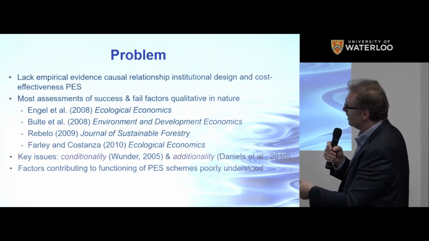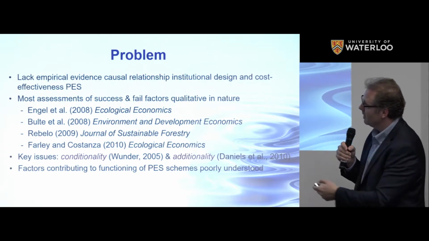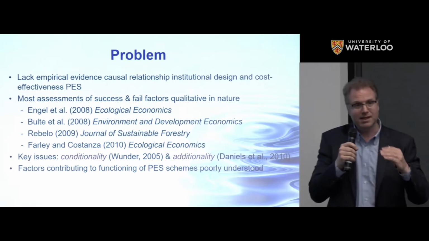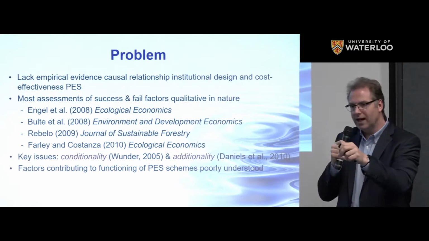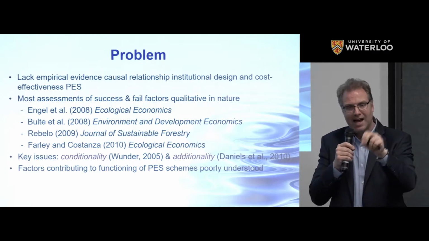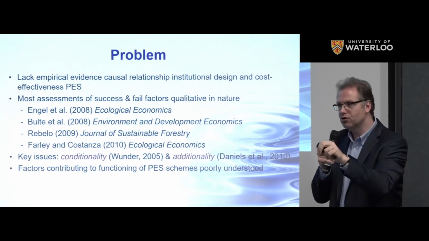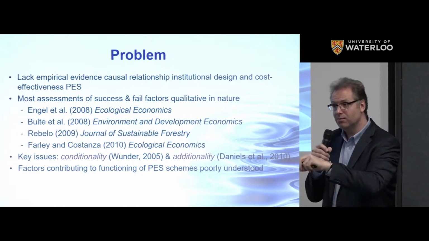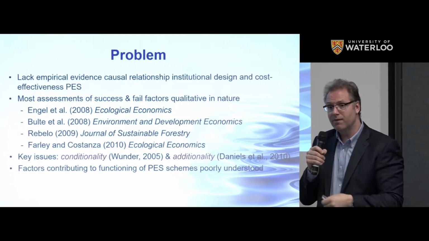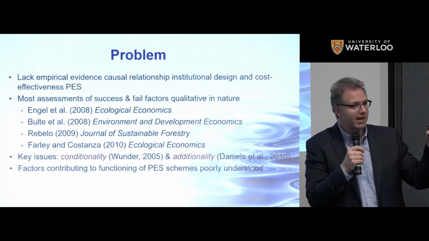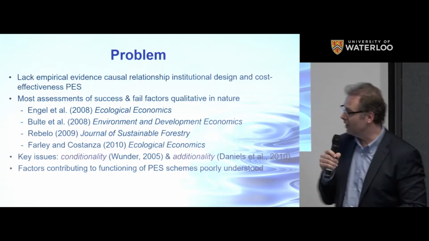It also has to be additional, and that is something that came up a couple of years later, meaning that you throw money at farmers or landowners, and you want to make sure that what you give them actually induces a behavioral change. If it doesn't actually change the behavior, it's not going to be very effective. So there has to be an incremental effect of giving farmers money.